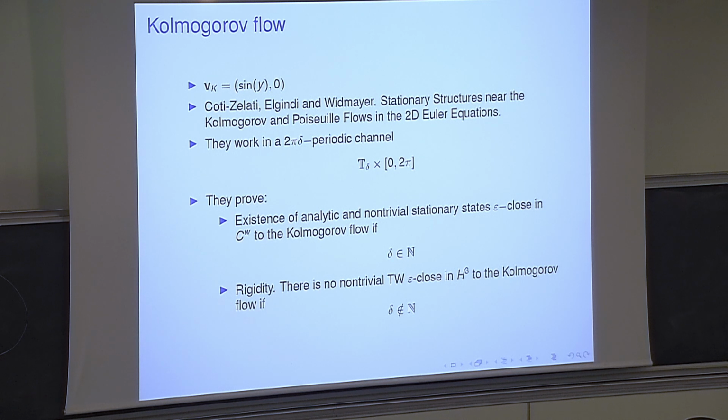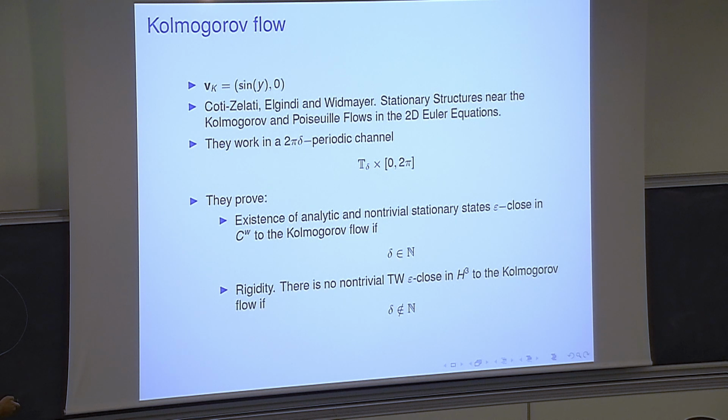And they essentially prove the following. They work in a 2 pi delta periodic channel, and what they prove is that if delta is, let's say, 1, then the period in the x variable is the same as the length of the channel, and it coincides with the period of the velocity v1.